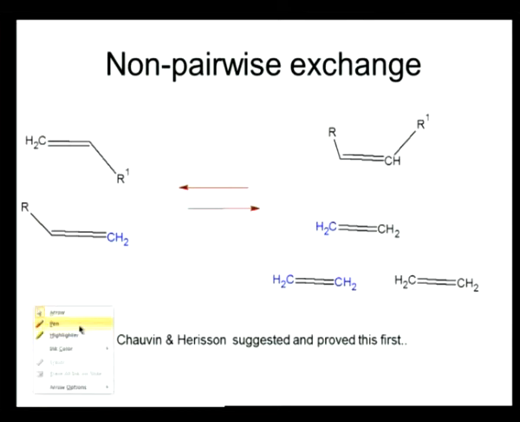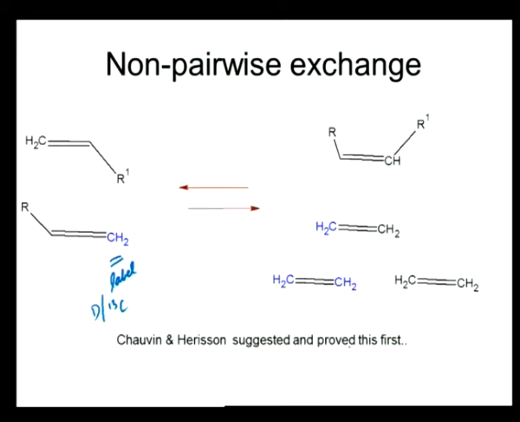So, if this is a labeled olefin and the label can be C13 or it can be deuterium, you notice that you have such labeled products which are not possible unless you have a non-pairwise exchange.